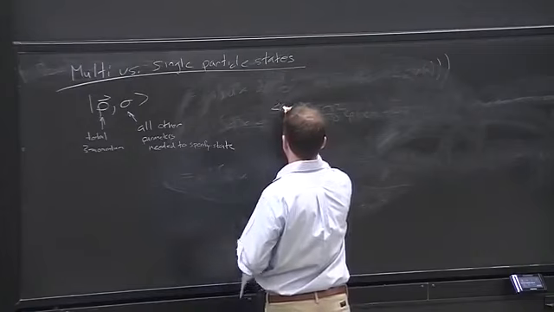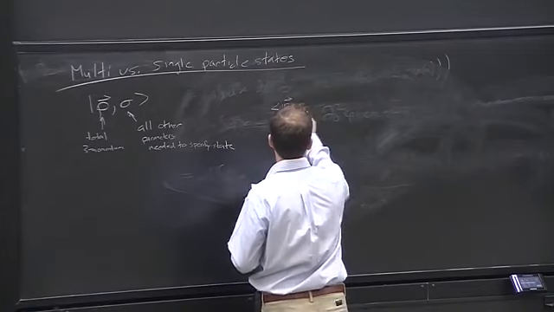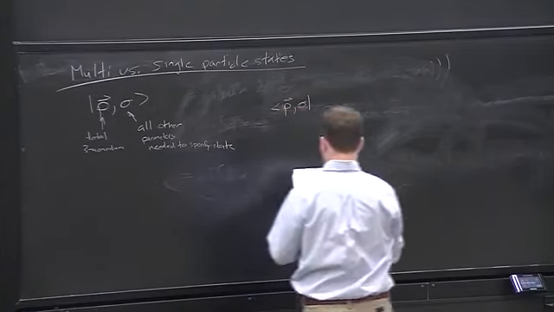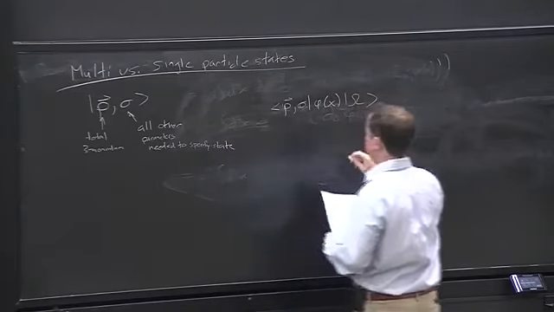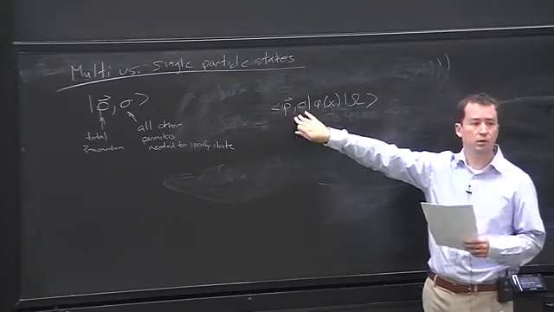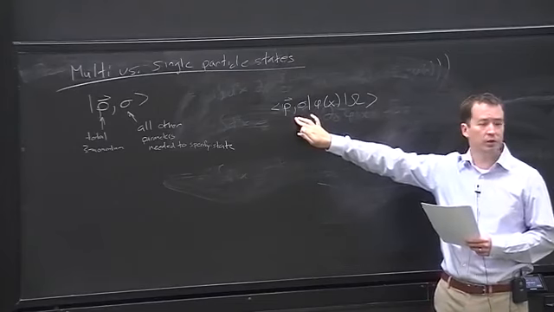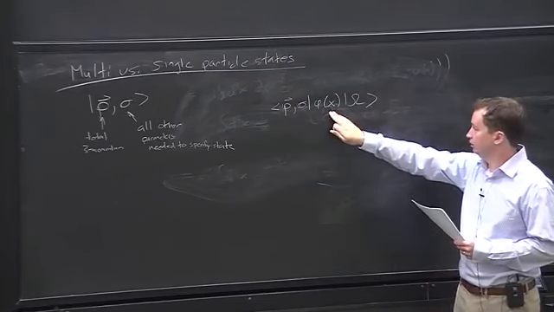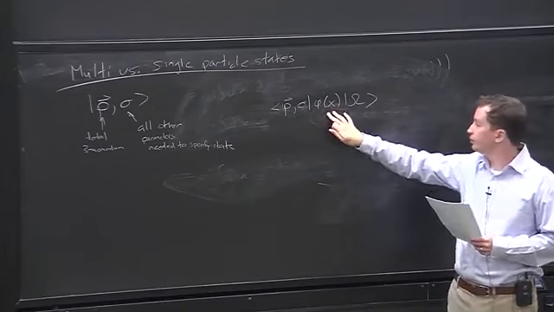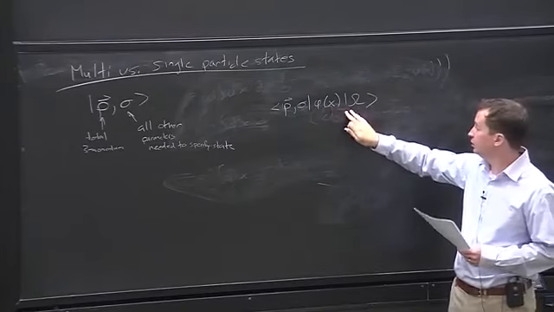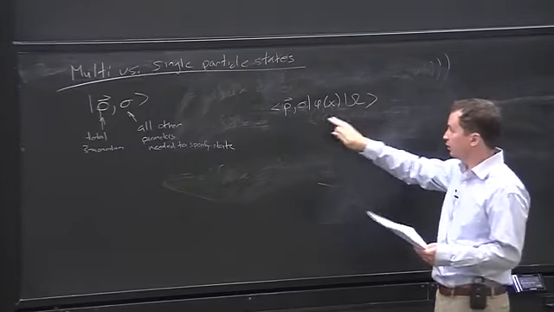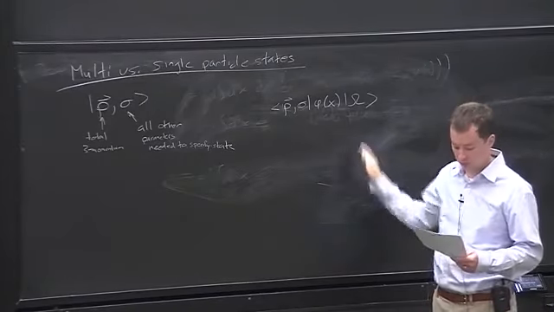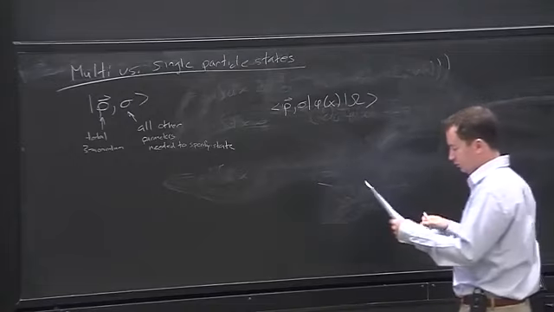Like we did before, we examine the overlap of this multi-particle state with our supposed one-particle state. There's not much we can say without assuming anything about the vacuum, except we can exploit the Lorentz transformation properties.